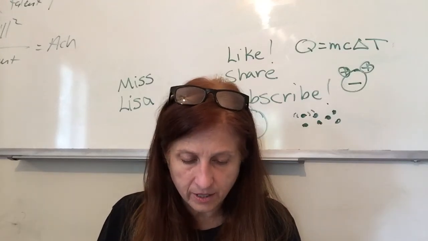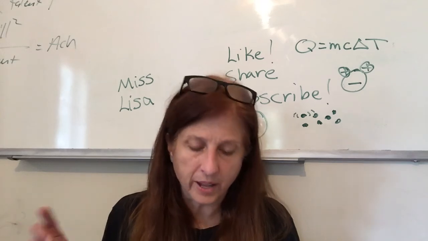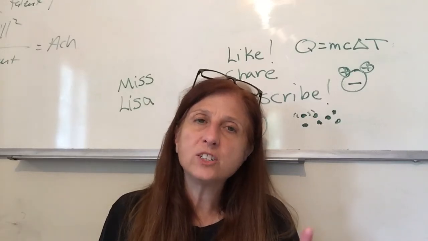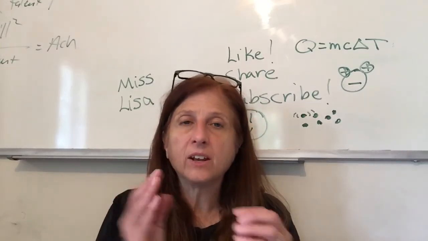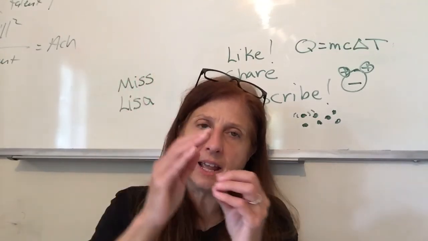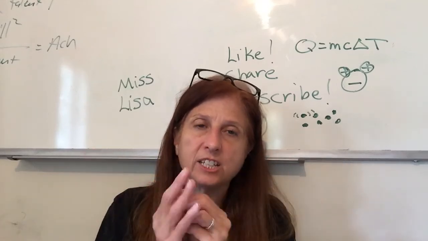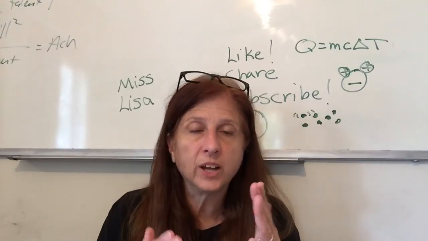And then the next thing it talks about, and we've already talked about sweat, is refrigerators. How does a refrigerator work? Well, refrigerators have a coolant in them, a chemical that can absorb heat, and it will become a gas and a liquid, and as it changes between gas and liquid, it causes the heat to move.